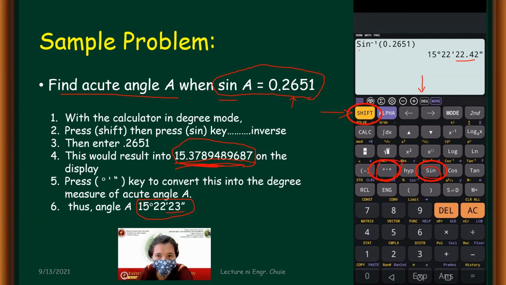That's why we need to compute the sine inverse. So sa calculator, you just press shift then sine, lalabas na yung inverse function ng value of that angle. So 0.2651 is equivalent to 15 degrees, 22 minutes, and 23 seconds. Okay?